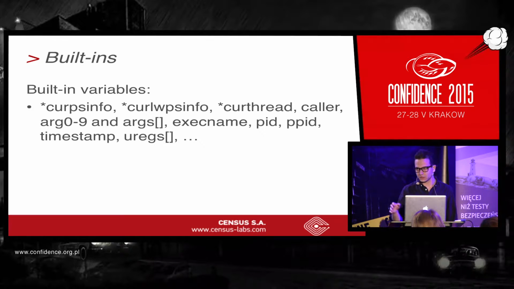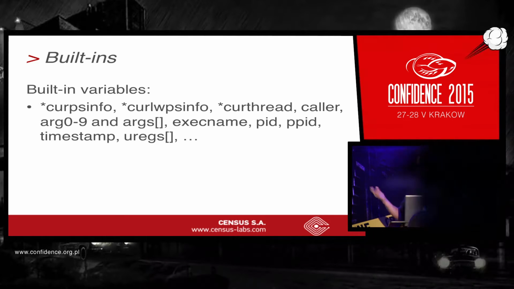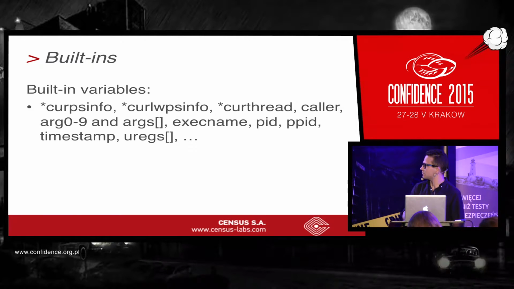So you can reference some interesting values inside of those structures. Those are curpsinfo, which is for processes, curlwpsinfo, which is for lightweight processes, and curthread, which is the current thread, which is for threads.